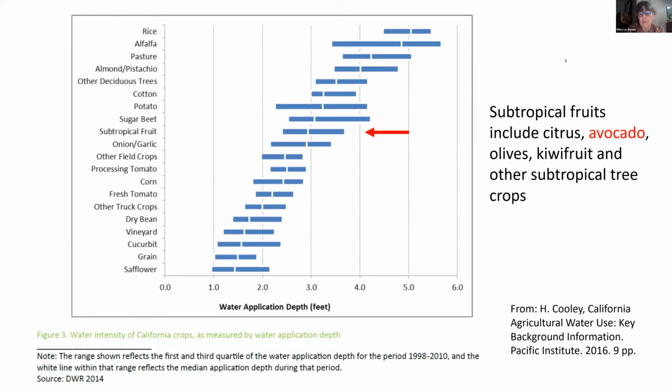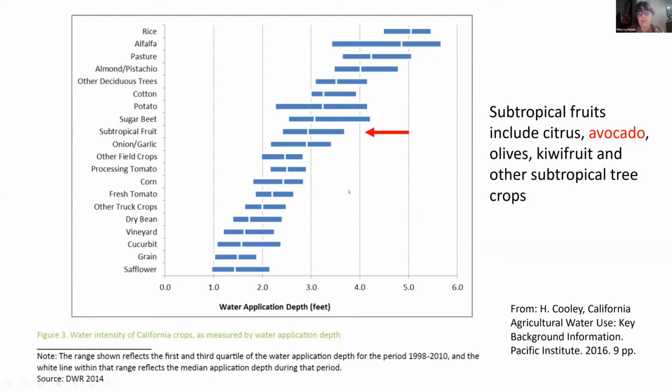This is also from the same report about water application, how much water is applied to different groups of agricultural commodities. You can see that subtropical fruit crops, which include citrus, avocados, olives, kiwi fruit, and other miscellaneous crops, fall in the middle.